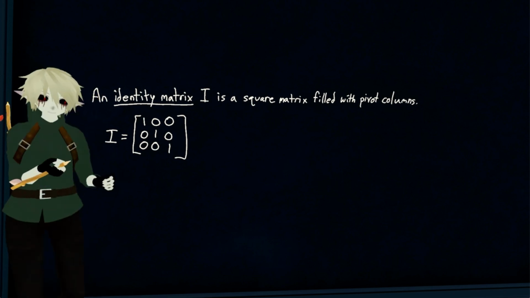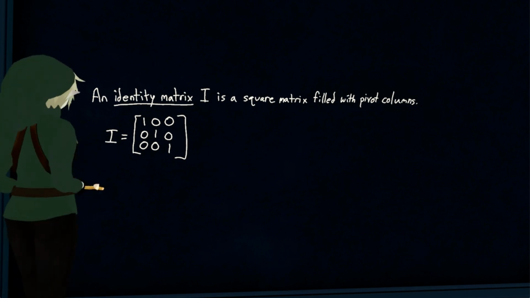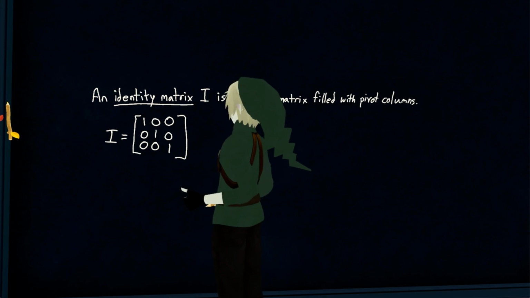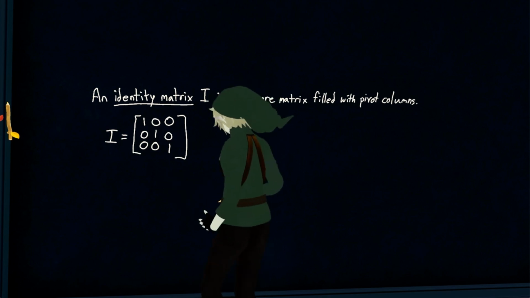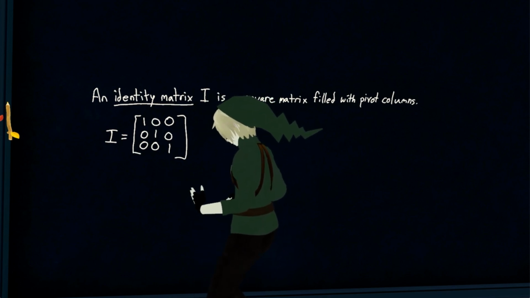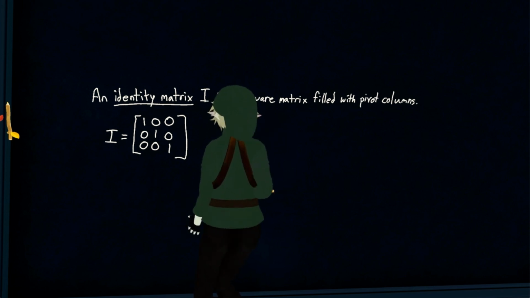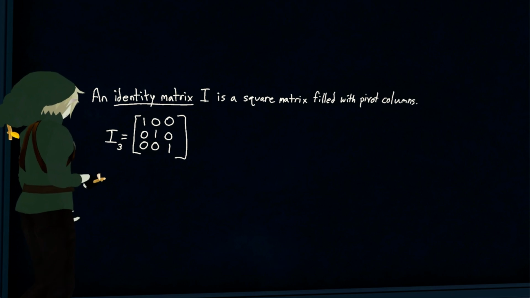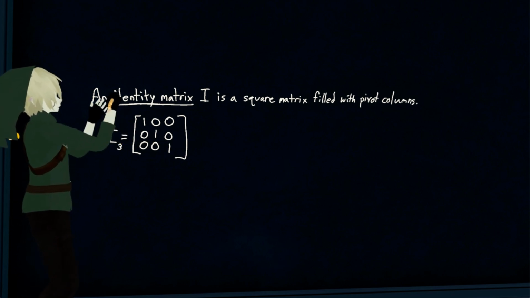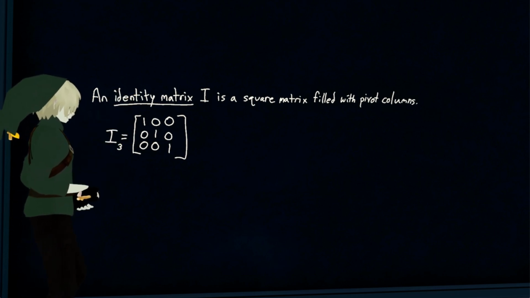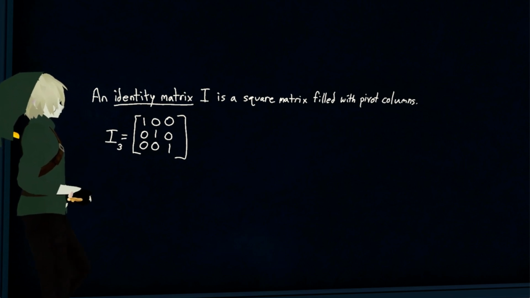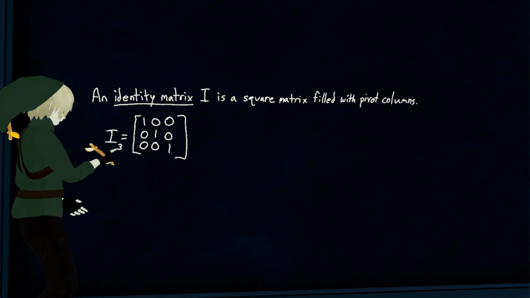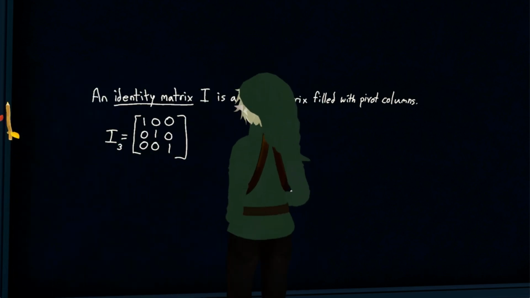Okay, so this is an identity matrix. This is a 3x3 identity matrix actually. If we want to specify, in this case, we would call this I3, but dealing with whatever problem it gives, we can just leave it as I. But to be specific, we would write it like this, I3.